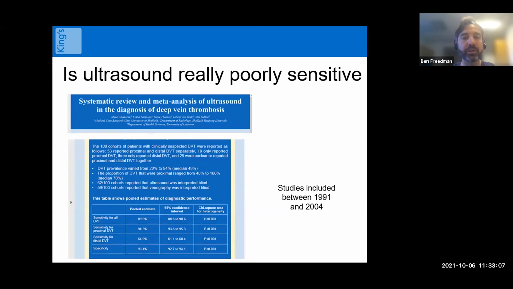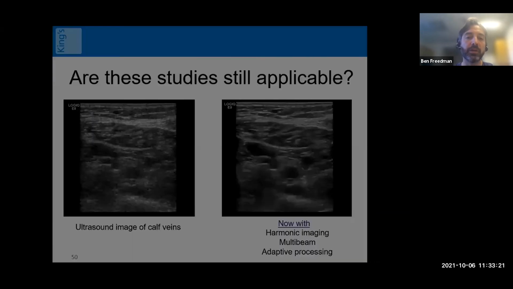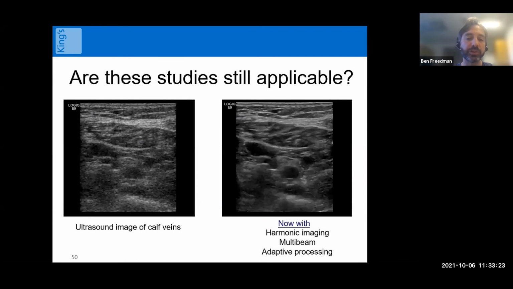What about the fact that below-knee ultrasound is poorly sensitive? Well, that is true to a degree, and there are studies out there which show that the sensitivity of detecting DVT below the knee is lower. But all of those studies were done a long time ago when ultrasound looked like it does on the image on the left.